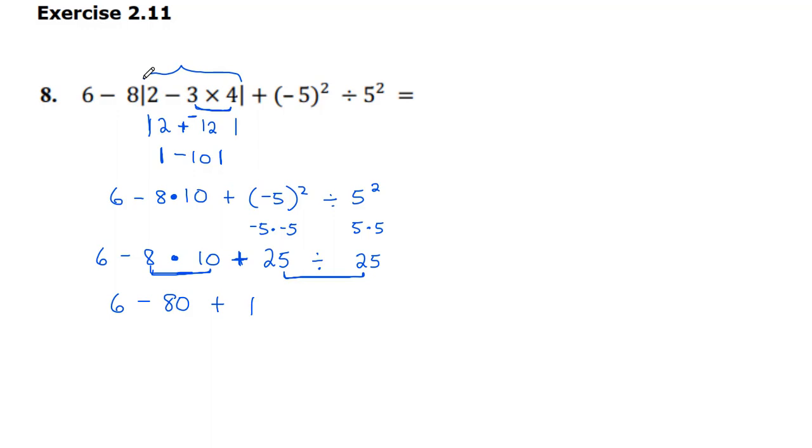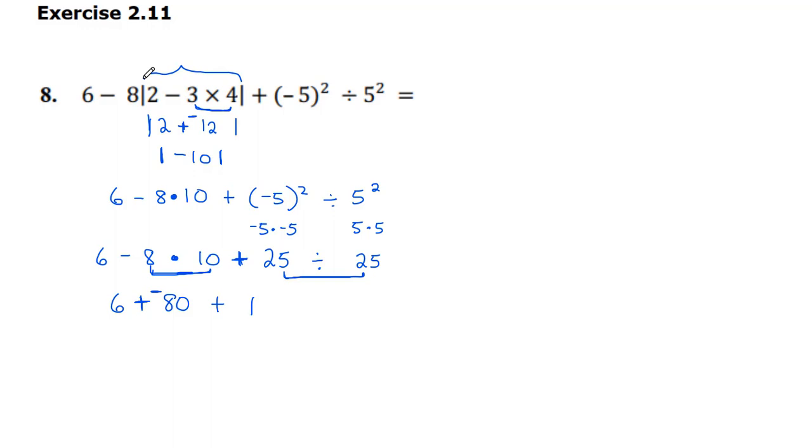and addition. Remember, when you have both subtraction and addition, you work left to right, but I'm going to change the subtraction to addition and change the positive 80 to its opposite, which is negative 80. And now I have 6 plus negative 80 plus 1.